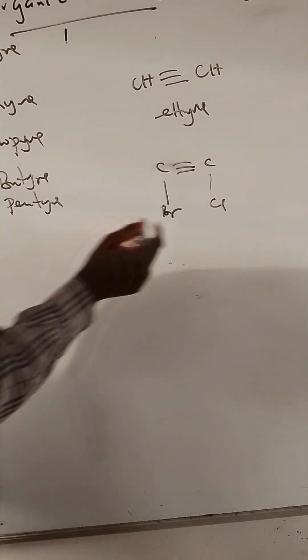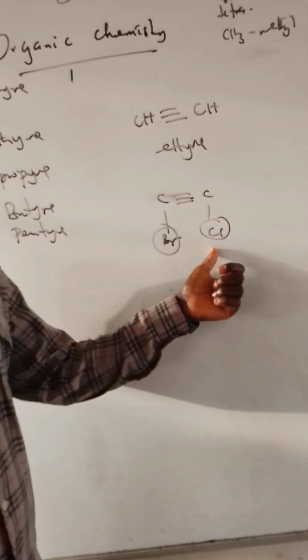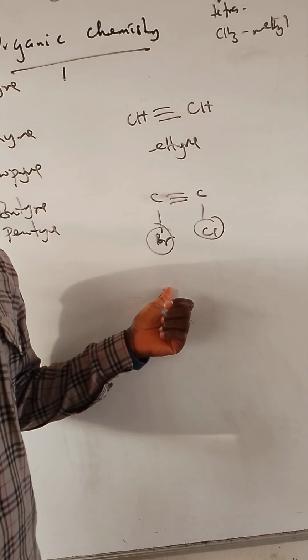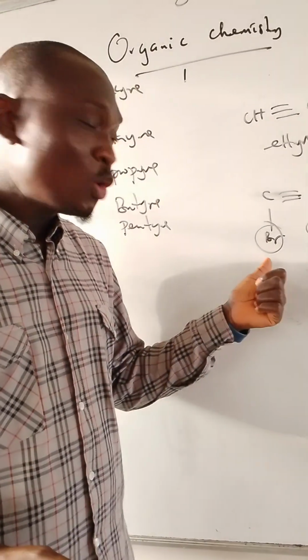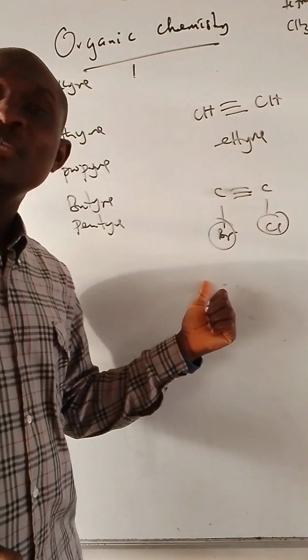This is chloro and this is bromo. You call them in alphabetical order, B before C. So you don't say 1-chloro, 2-bromo. You call in alphabetical order, so you call bromine first because it's B, while chloro is C. You call B before C.